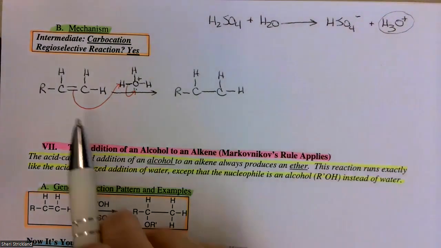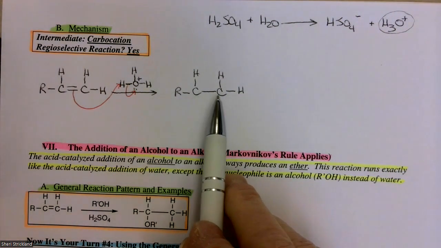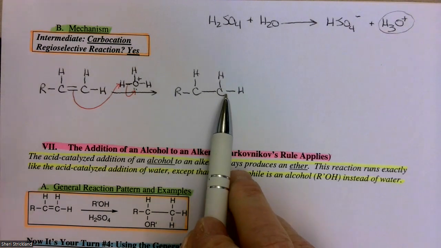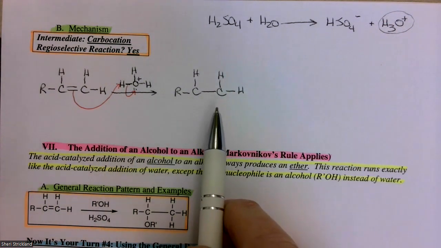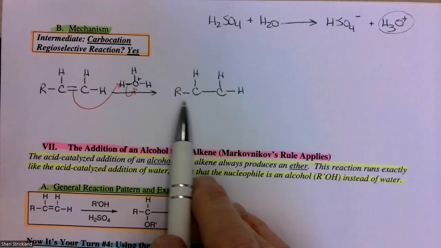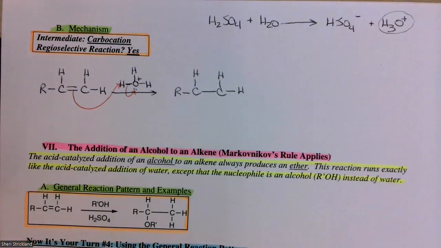All right, so what that means is now you have to decide whether the positive charge goes here or here. So pause the video, draw in, where did the new hydrogen go? Where's the positive charge? And then come on back.